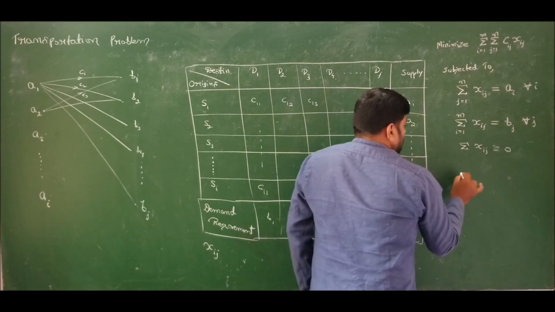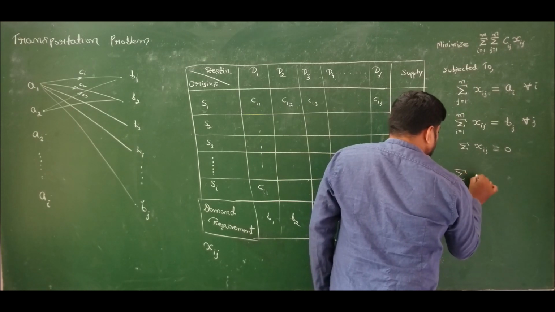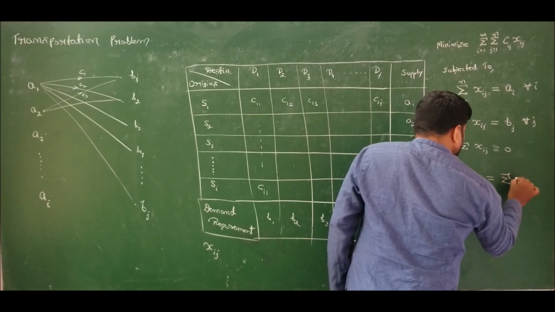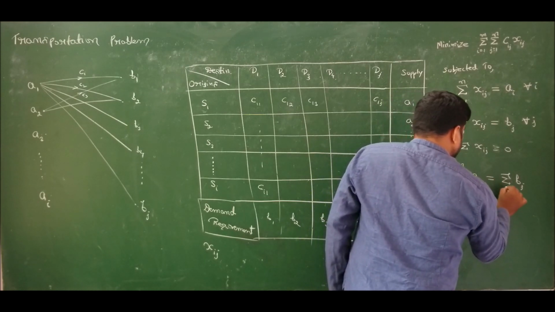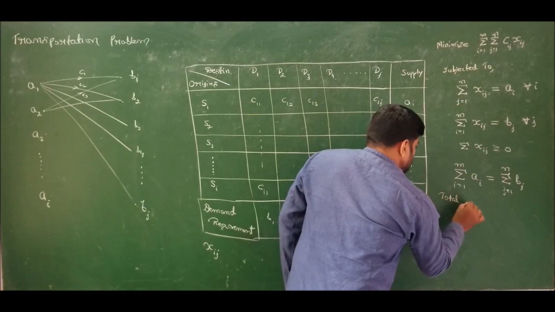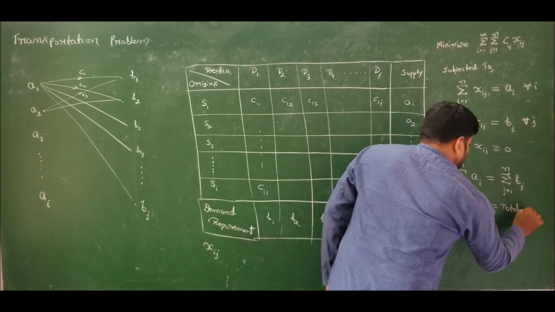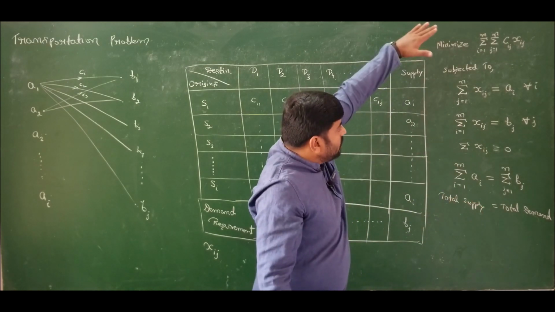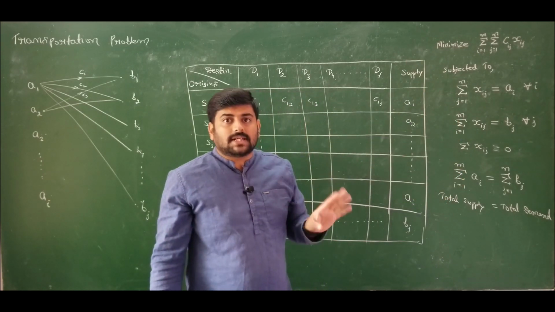This is a positivity constraint, and also total supply is equal to total demand, where i varies from 1 to m and j varies from 1 to n. If total supply is equal to total demand, then we have only equations instead of constraints. Such a problem is termed a balanced transportation problem.